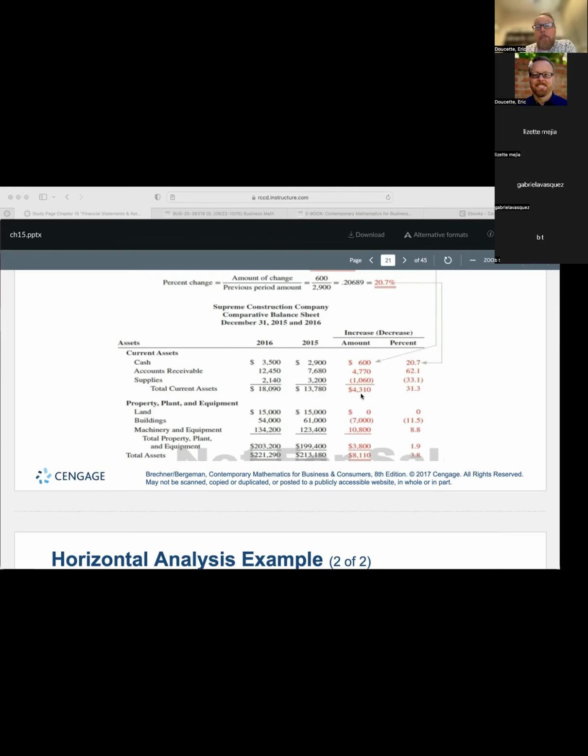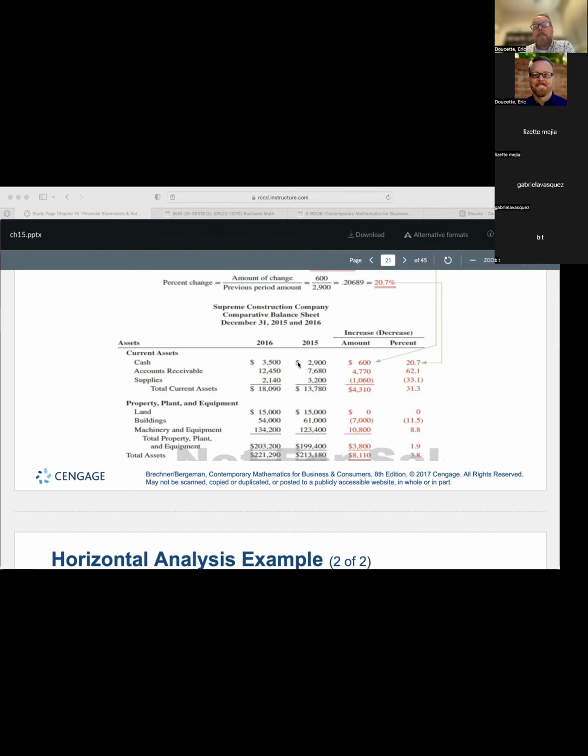So remember, you're going to always divide the difference by the original amount. In this case, the original amount is everything in 2015, because you're comparing 2015 to 2016. So make sure you divide it by the first year, and then that's going to show you the percentage of change. So you saw a 20.7% change between 2015 and 2016, and it was a positive $600.